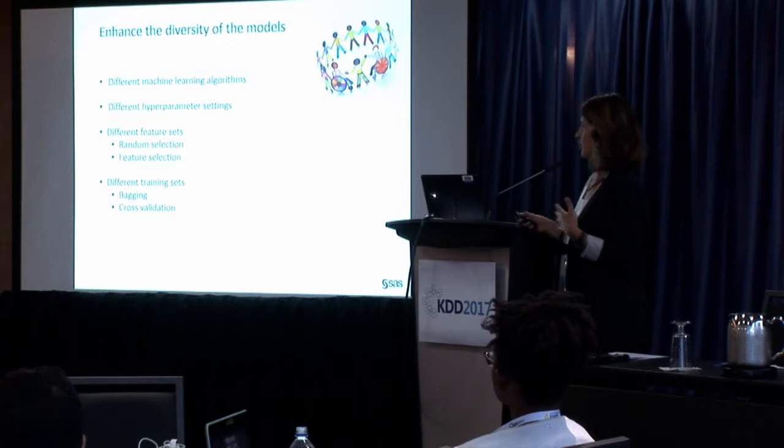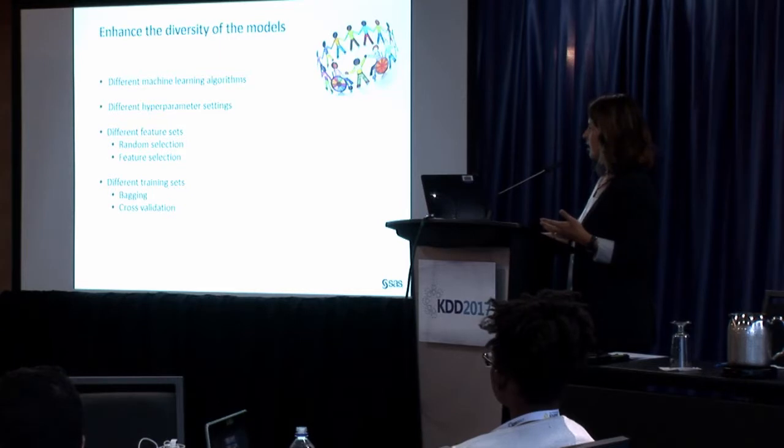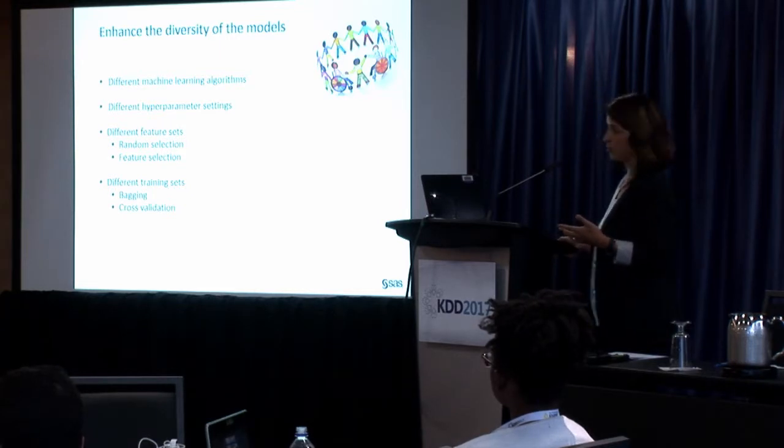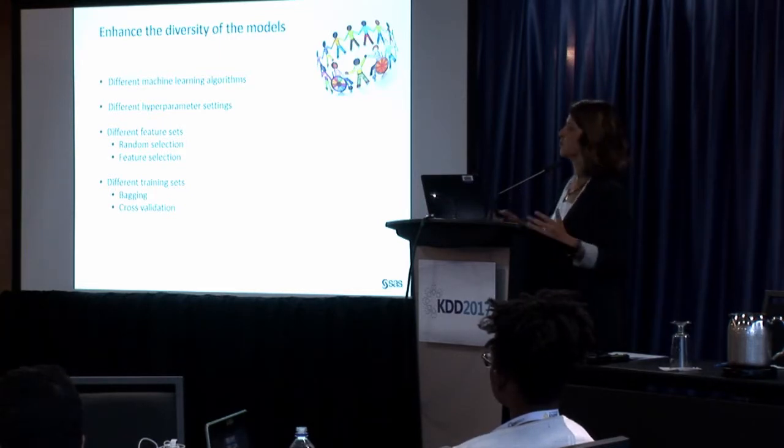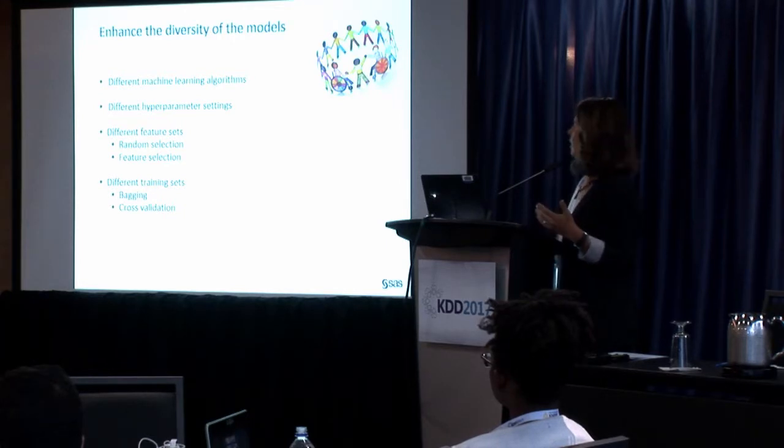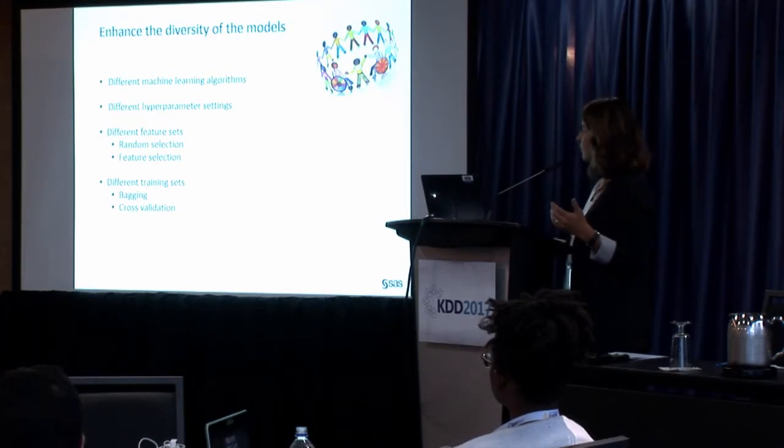Also, different machine learning algorithms have different strengths. Within the same algorithm, you can set different hyperparameter settings because they have multiple local optimums. And you can use different feature sets.